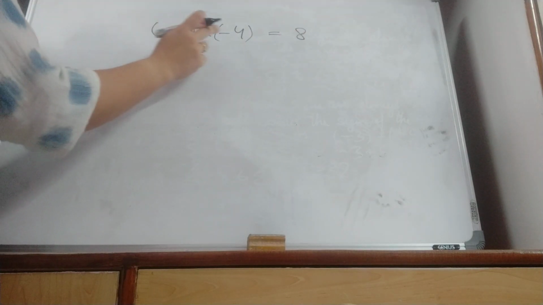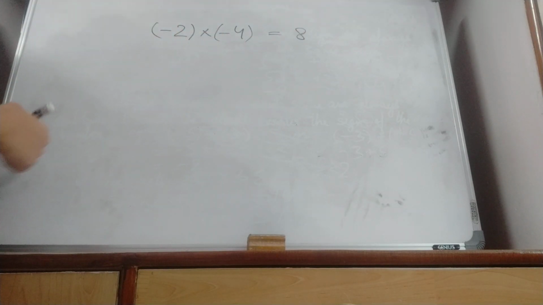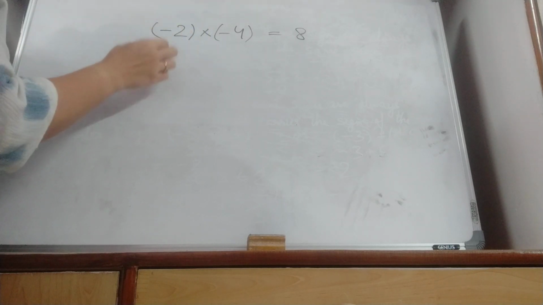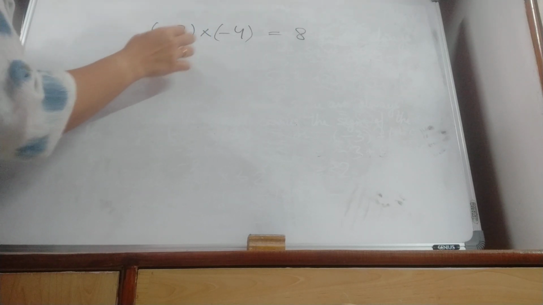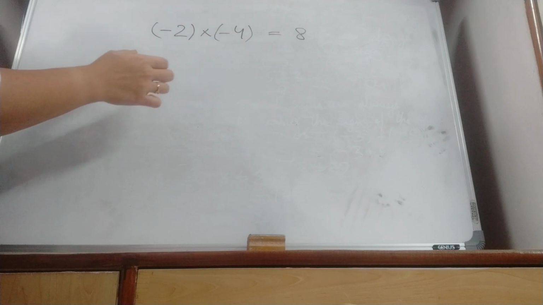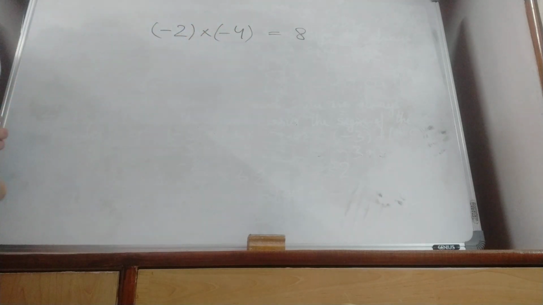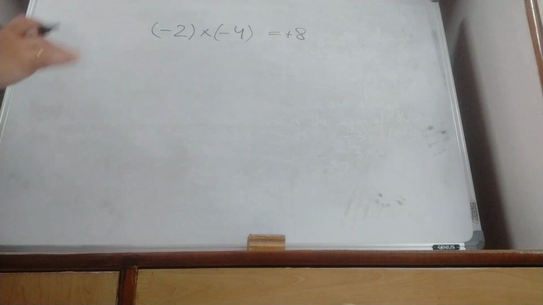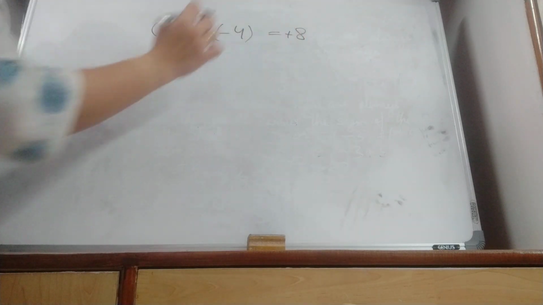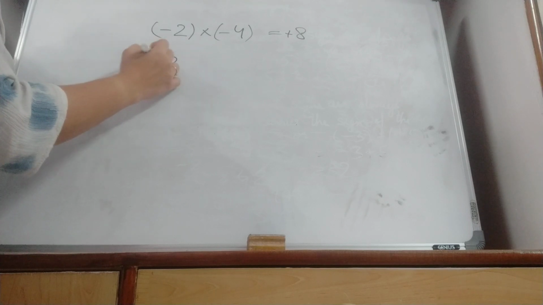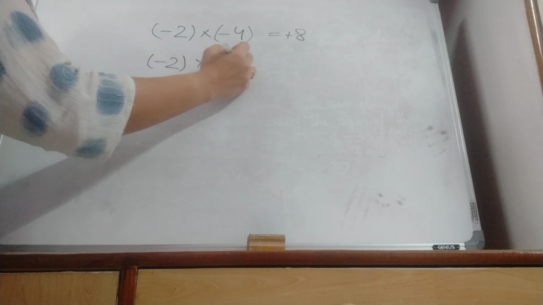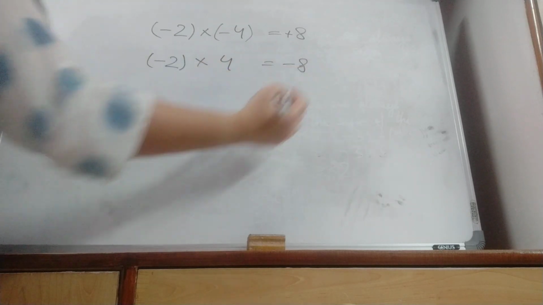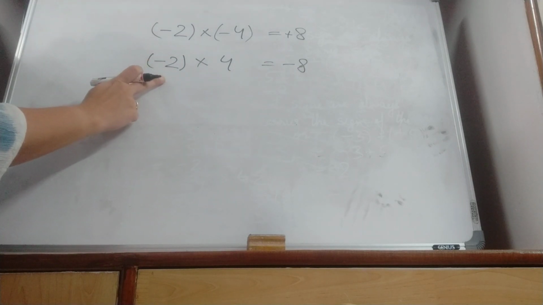Now, if you have even number of negative signs, meaning if you have two numbers or 4 numbers or 6 numbers and so on, then they cancel out each other and your answer is positive. You need not write positive. Just to mention, I'm saying +8. Whereas if you have -2 into 4, then your answer will be -8, because there is one negative sign.